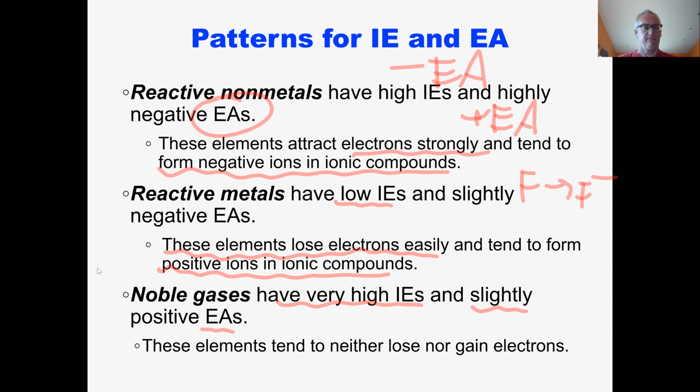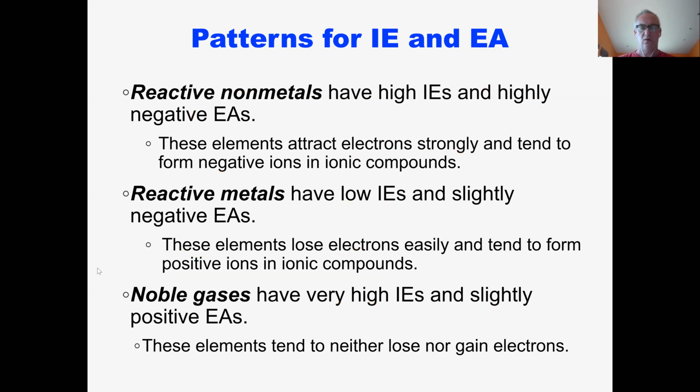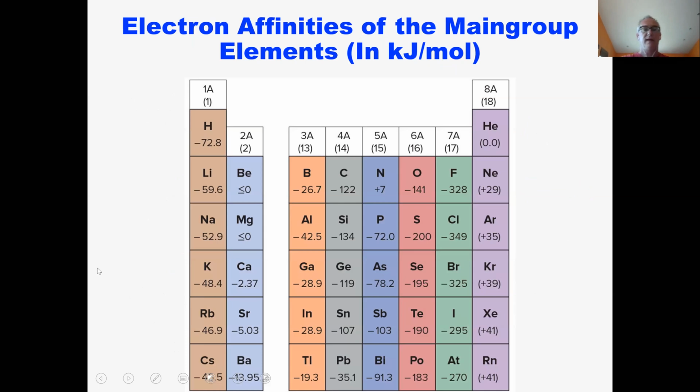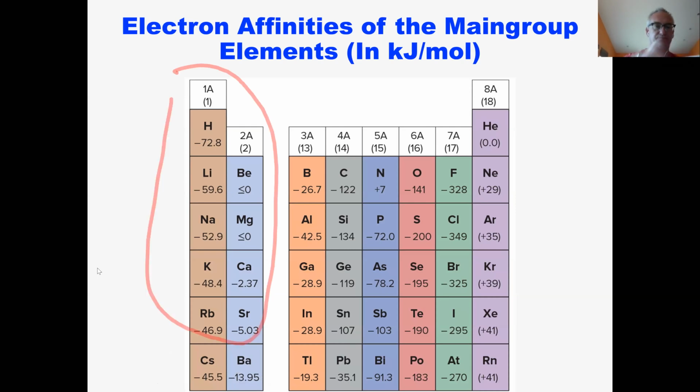Could you repeat the difference between negative electron affinity and very low electron affinity? Oh, sure. So if we went back, let me just go back for a second. I sort of mentioned that these first two are the more reactive groups here.